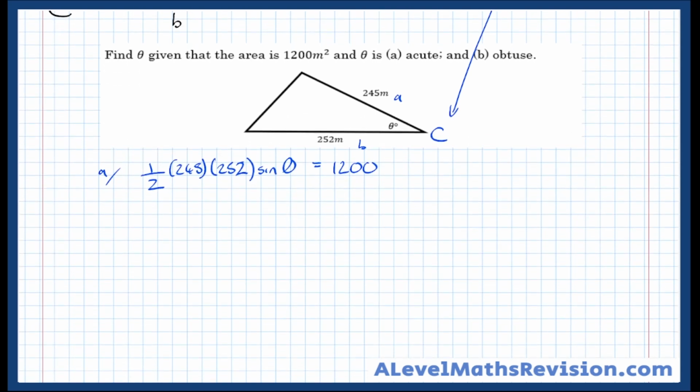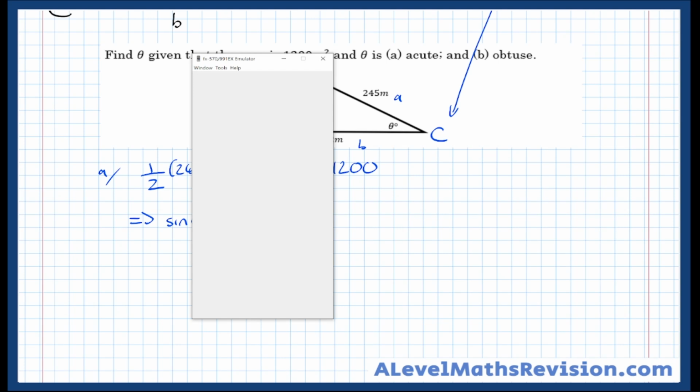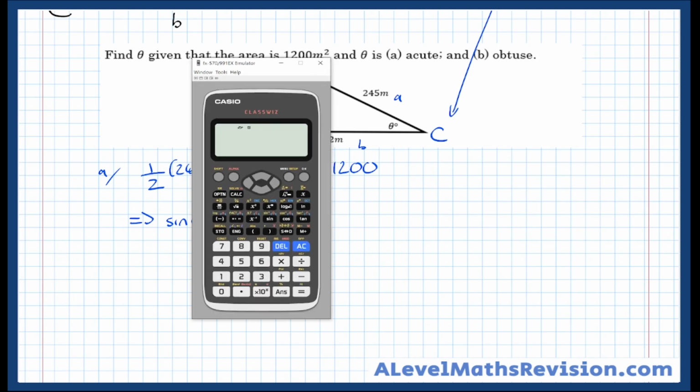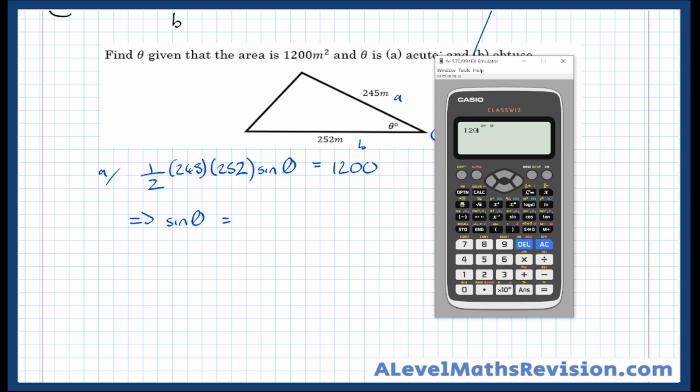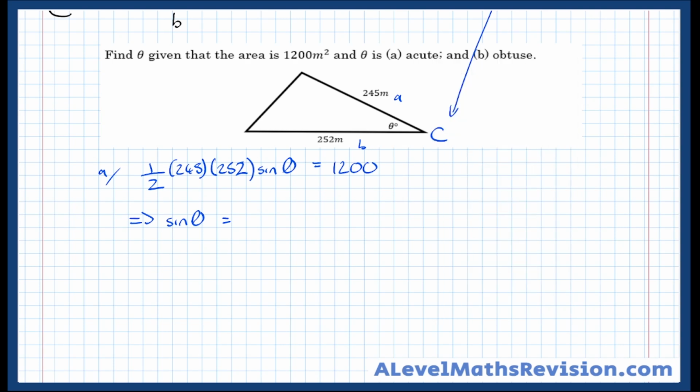So taking the coefficient of sine theta to the other side, that gives us that sine theta equals, and let's do the calculation, so 1200 divided by one half of 245, make sure I put brackets around that, 245, 252, like that, equals 40 over 1029.